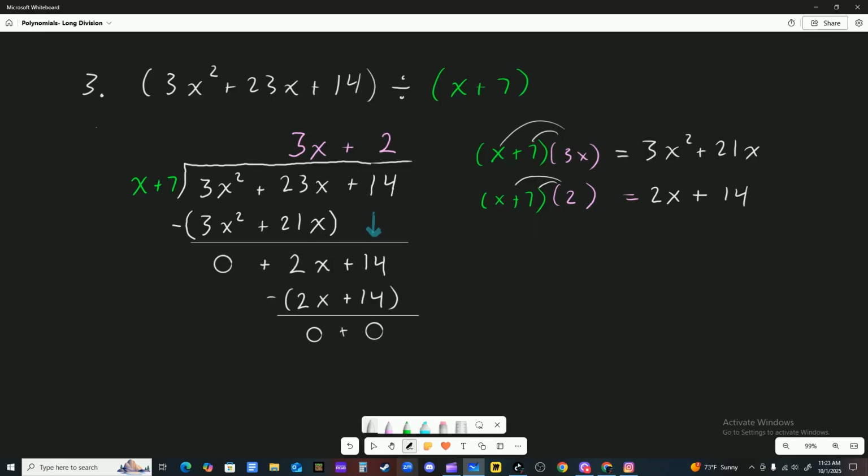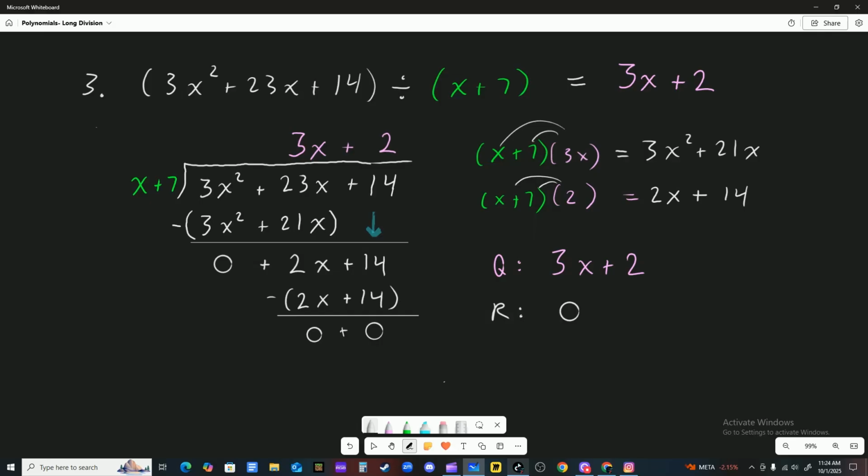Oh, in this case we have no remainder. So my final answer is 3x plus 2. So this is my quotient, Q for quotient, 3x plus 2. And in this case, my remainder is 0. We don't have a remainder in this one. So x plus 7 is a factor of 3x squared plus 23x plus 14. When you get a remainder 0, it's a factor.